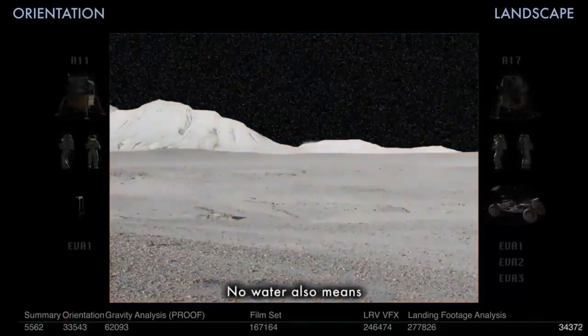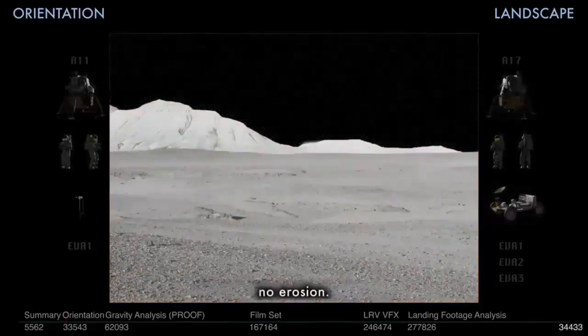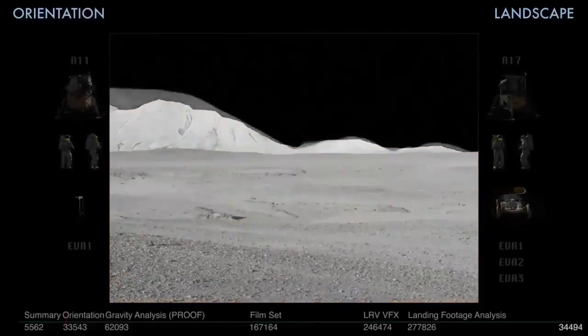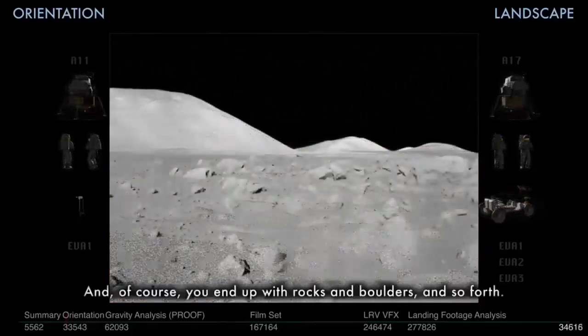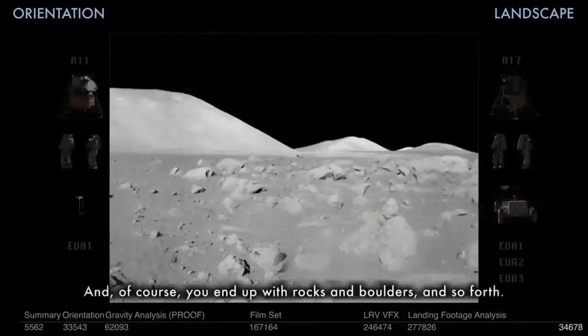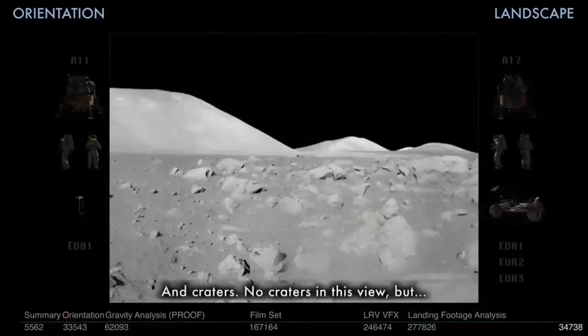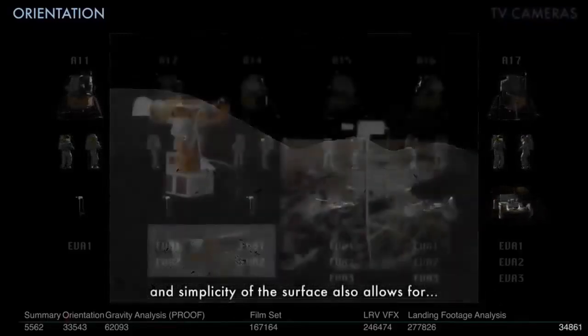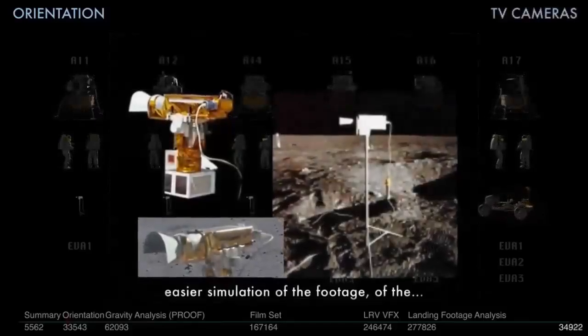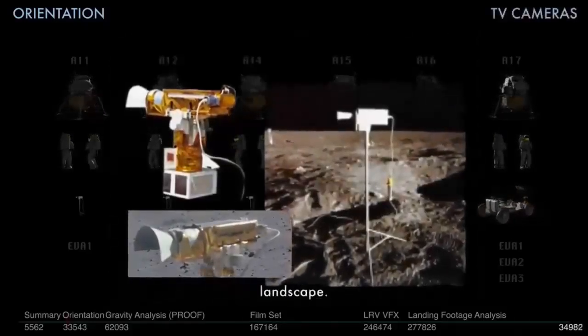No water also means no erosion. And of course, you end up with rocks and boulders and so forth. And craters, no craters in this view, but you can clearly see the simplicity of the surface also allows for the easier simulation of the footage of the landscape.